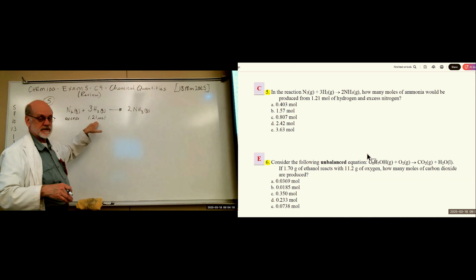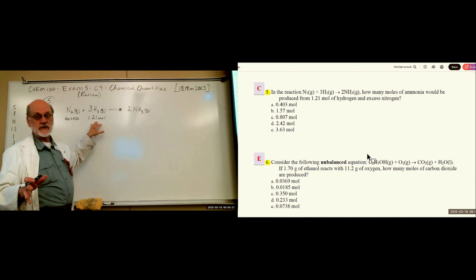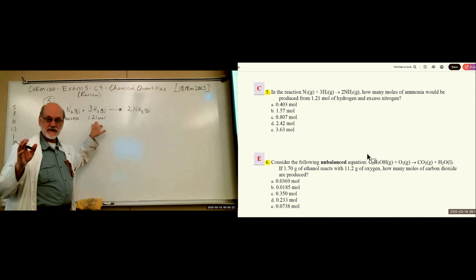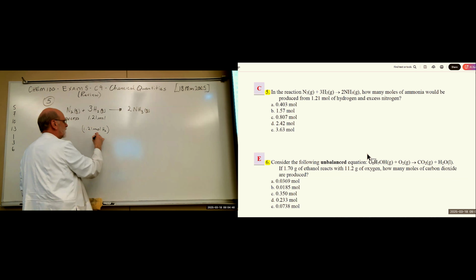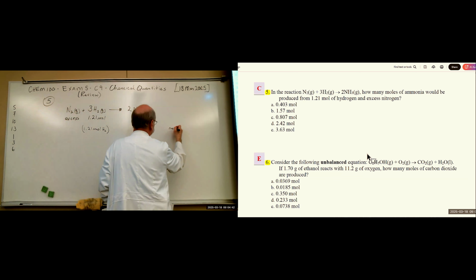We just say it will all be used up, and the question is how many moles of ammonia will be produced. So the emphasis of this problem is on the conversion factor. Where do we get the conversion factor to go from 1.21 moles of hydrogen to moles of ammonia?